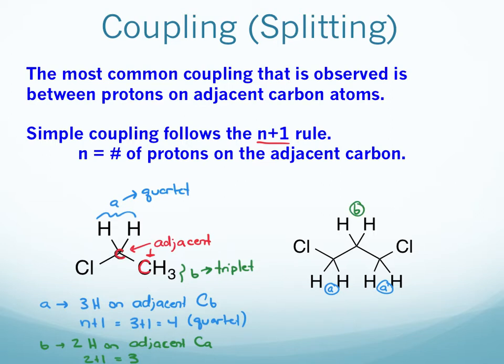So you only need to consider A once. And if you look at A, on the neighboring carbon B, there's 2 hydrogen. So N+1 is going to be 2 from HB, plus 1 is 3, which is a triplet.